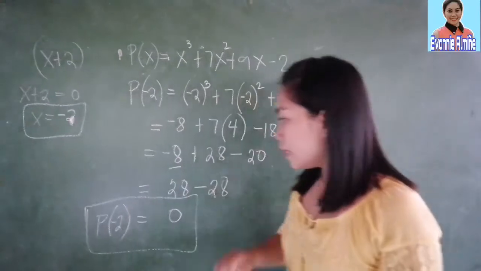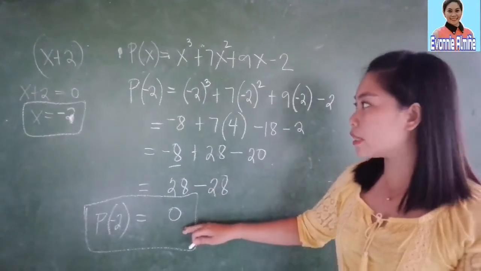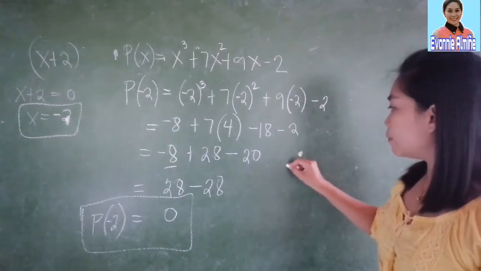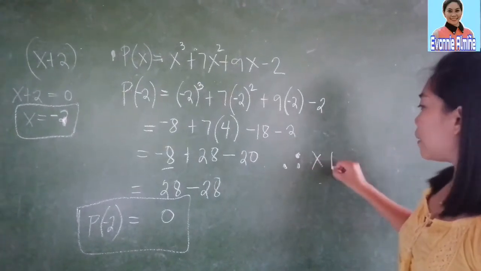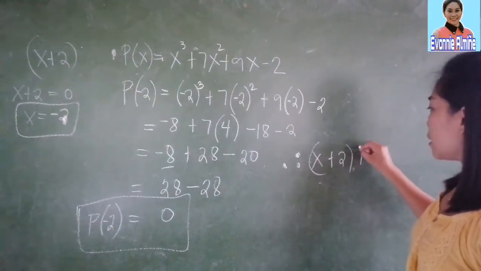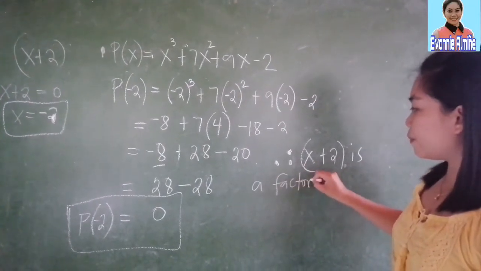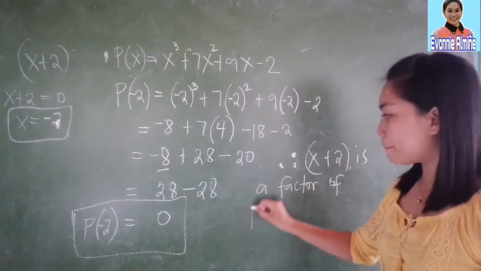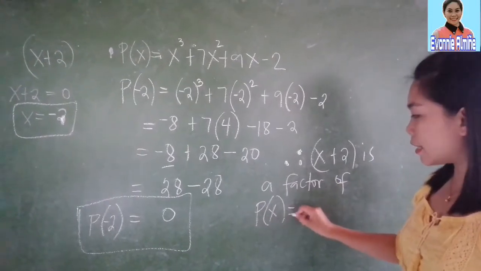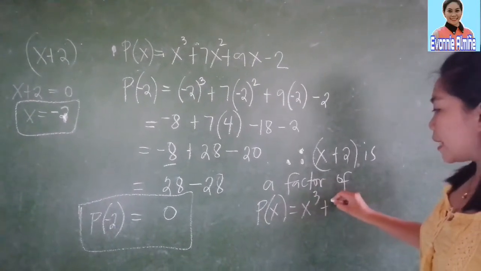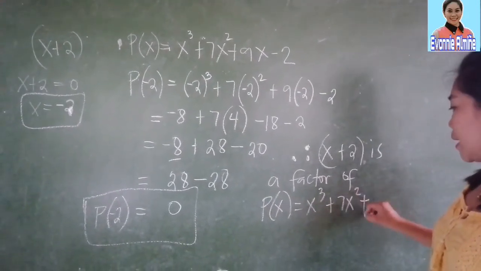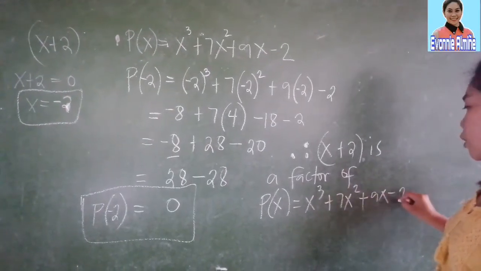Now, since the remainder is equal to 0, therefore, x plus 2 is a factor of P of x is equal to x cubed plus 7x squared plus 9x minus 2.